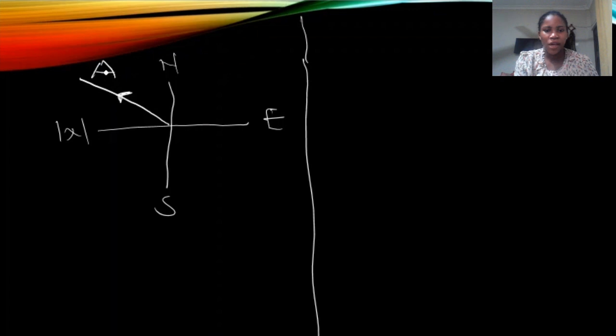This is vector A, and it's also 45 degrees. It's divided exactly into two parts, so both sides are 45 degrees.